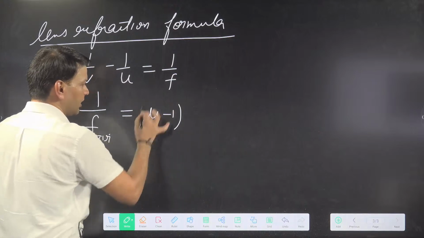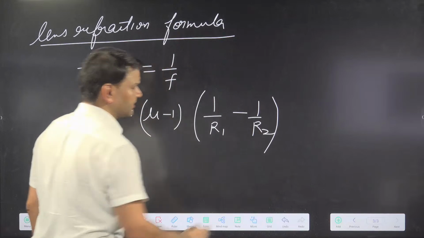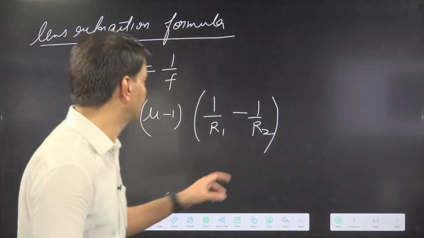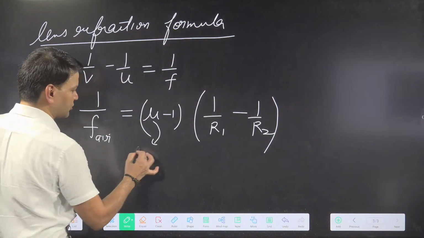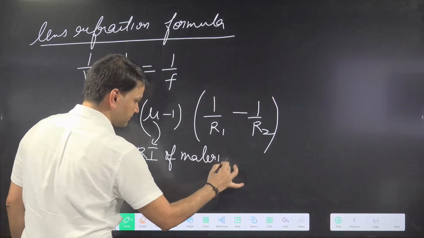Mu minus 1 into 1 by R1 minus 1 by R2. This is the general formula for the focal length of the lens in air, where mu is the refractive index of the material of the lens.